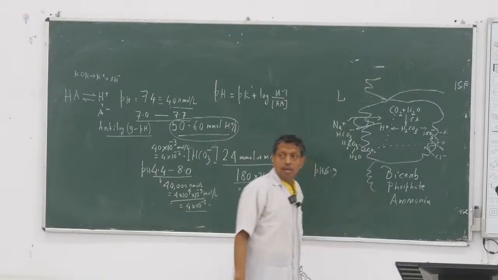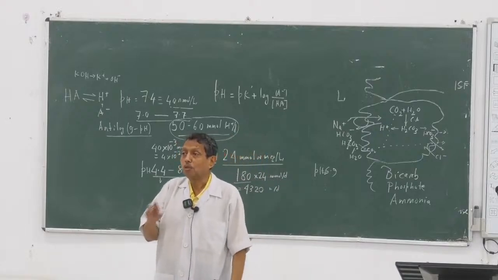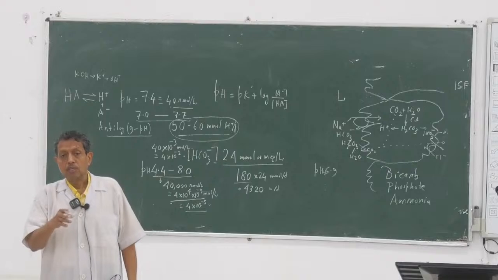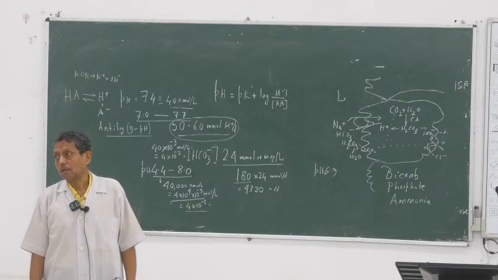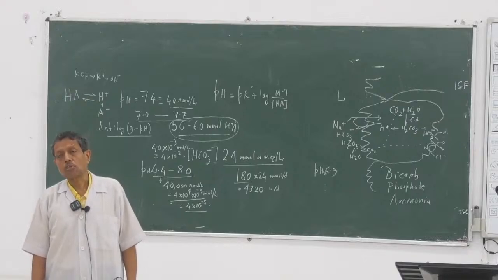Phosphate and ammonia buffer, that is, ammonia is produced from glutamine by the glutaminase enzyme. Within the cells the glutaminase enzyme, a mitochondrial enzyme, is present in the proximal nephron and also in the distal nephron.